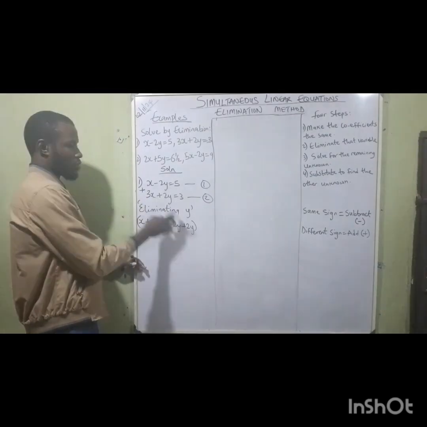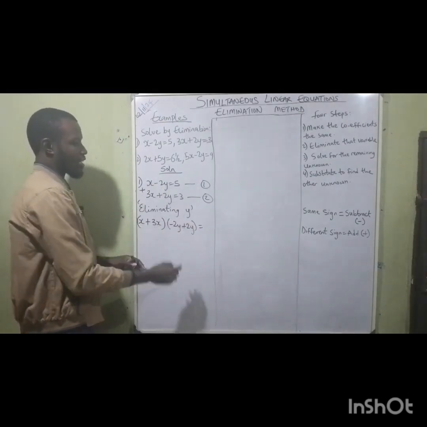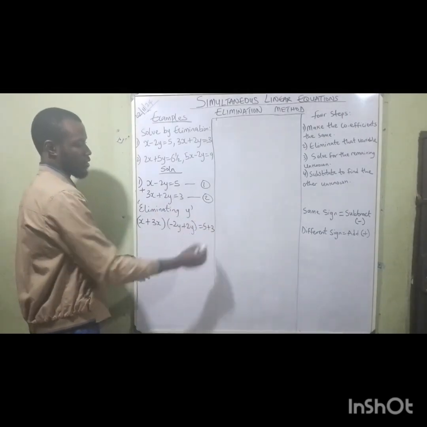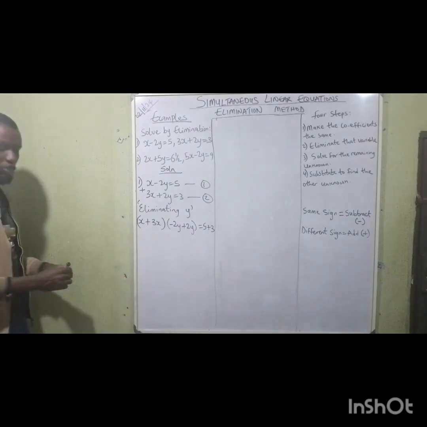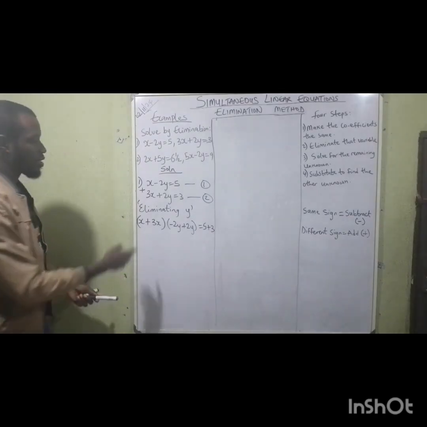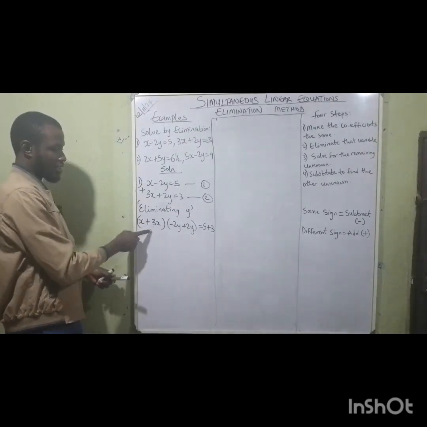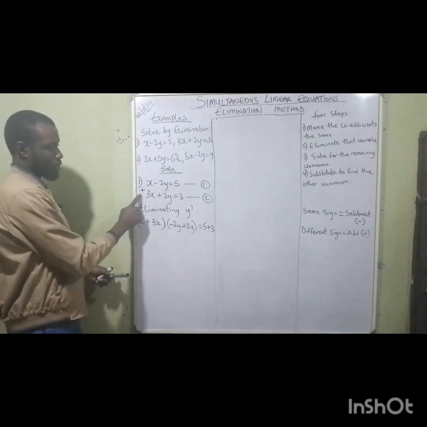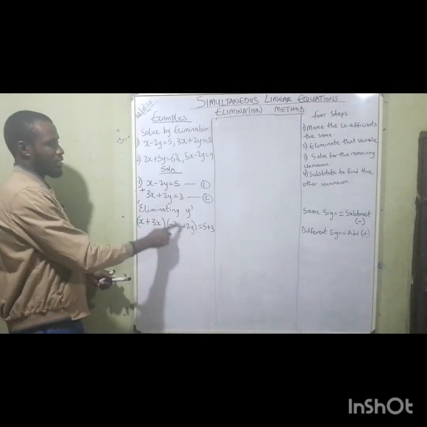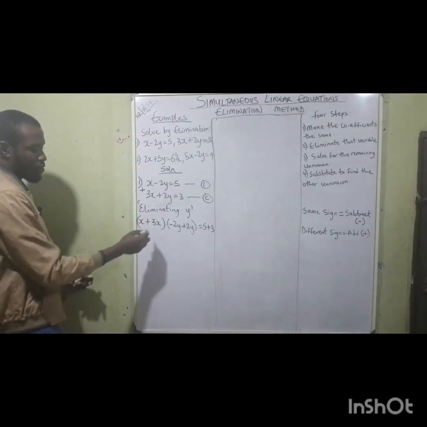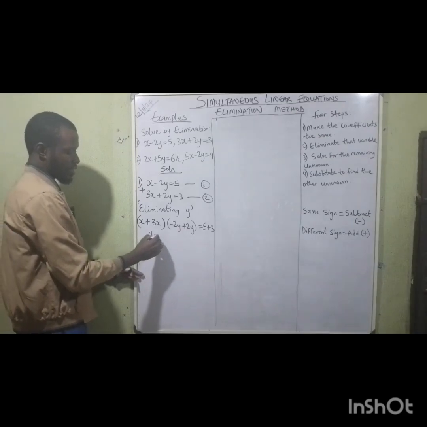Plus times plus is plus. Then on the other side, I have 5 plus 3. So you're just going to add everything. That's the like terms: x plus 3x, minus 2y plus 2y, then 5 plus 3.